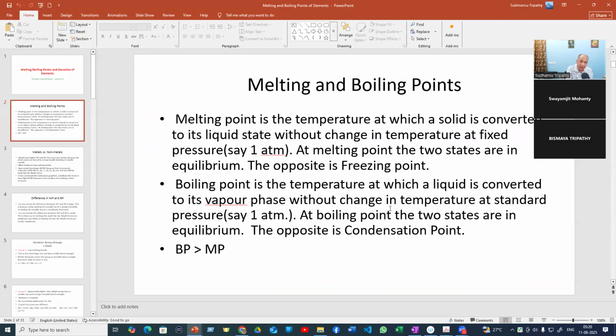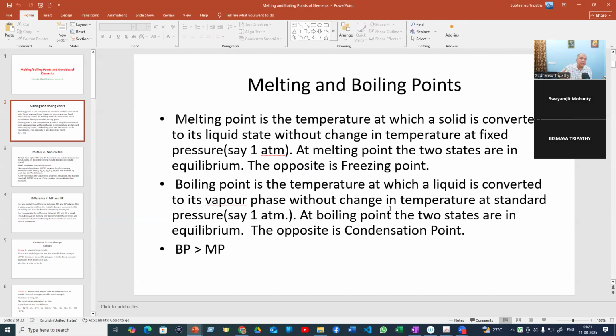And in thermodynamics, we will say molar heat of fusion. Temperature doesn't change. And freezing is opposite. When a liquid is converted to the corresponding solid, that point is called the freezing point. Freezing point of a liquid is same as the melting point of the corresponding solid.